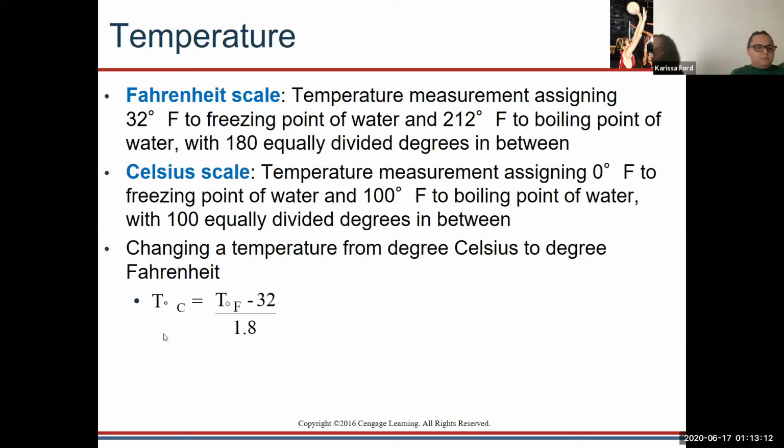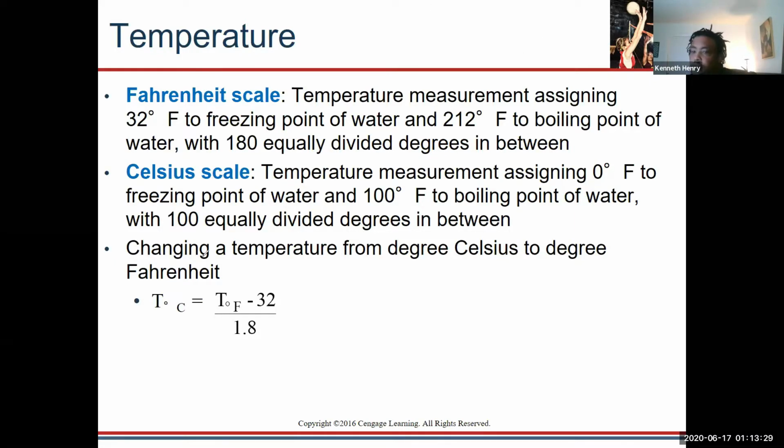So can I remodel this equation so that I can get the answer for Fahrenheit if I'm given Celsius? Okay, so let's plug in the numbers.